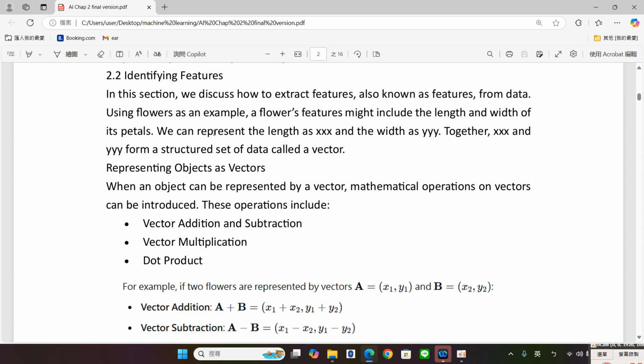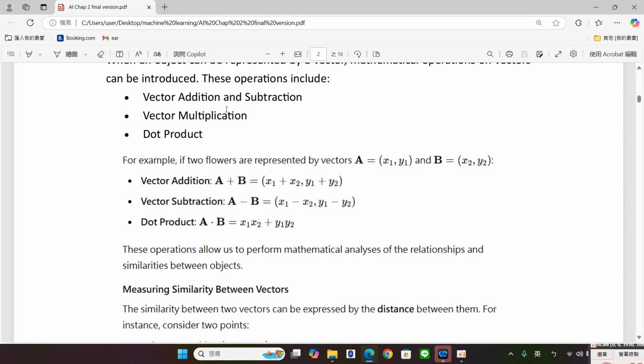Representing objects as vectors. When an object can be represented by a vector, mathematical operations on vectors can be introduced. These operations include vector addition and subtraction, vector multiplication, and dot product. For example, if two flowers are represented by vectors A (x1, y1) and B (x2, y2), the vector addition A plus B is (x1 plus x2, y1 plus y2).